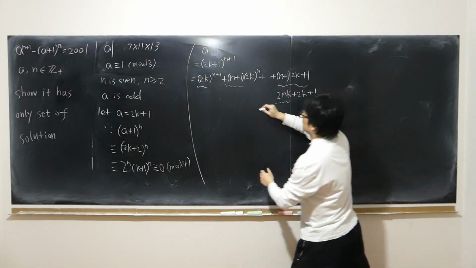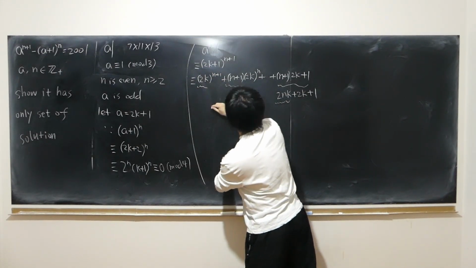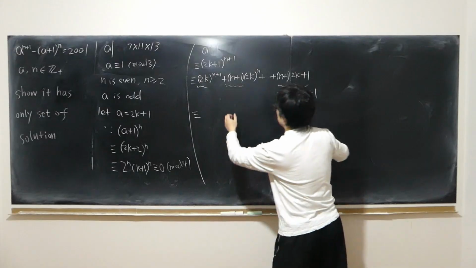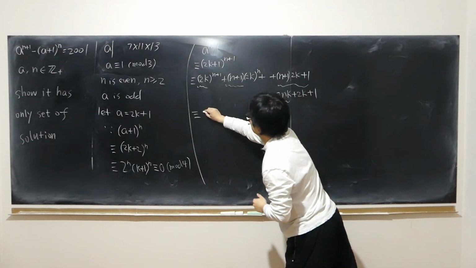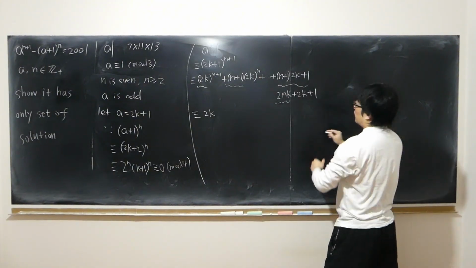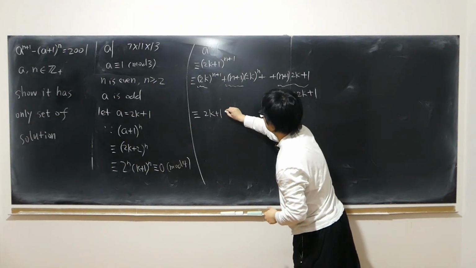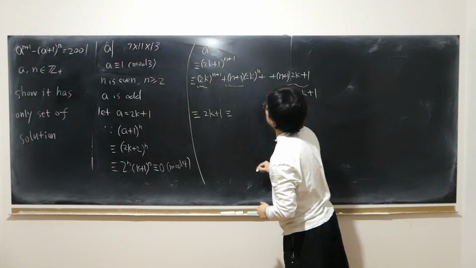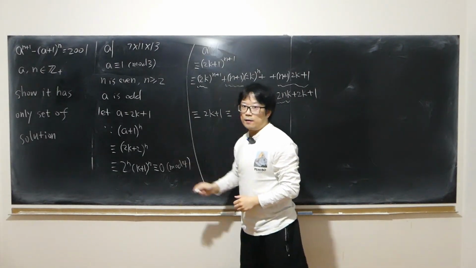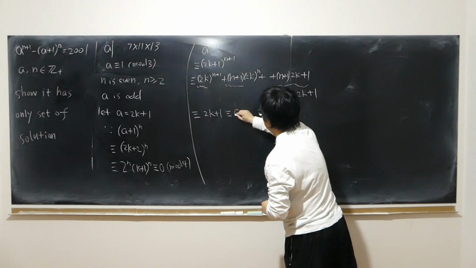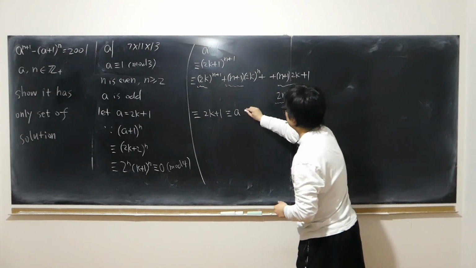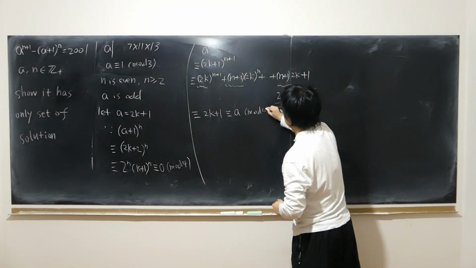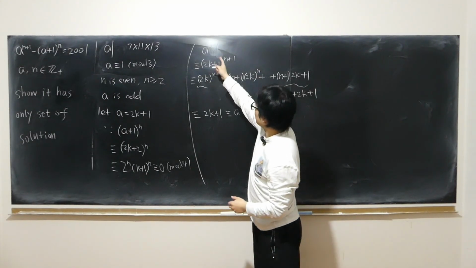So these are congruent to 0, and the whole thing is congruent to 2k plus 1. But what's 2k plus 1? That's a, exactly, mod 4. That's a to the power of n plus 1.